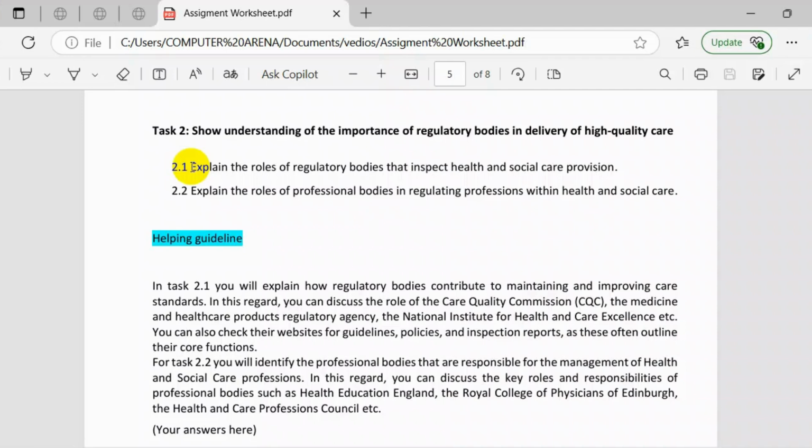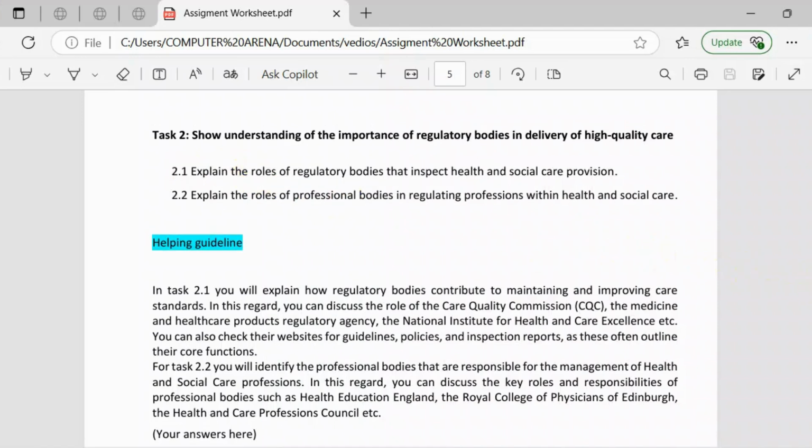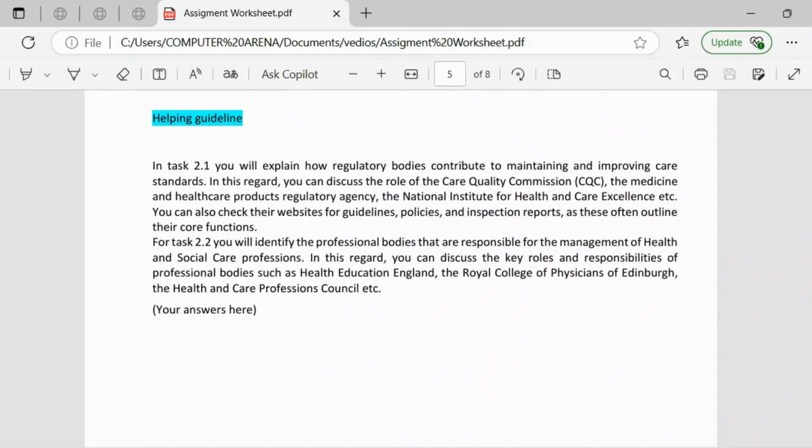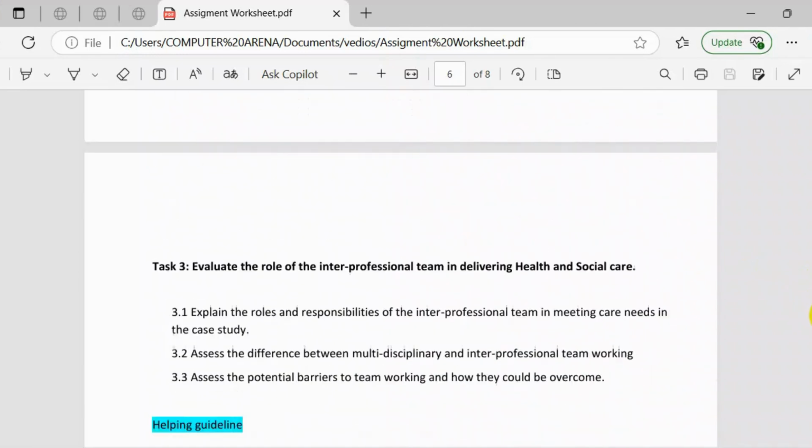Once you have identified them, you have to explain what roles and responsibilities these regulatory and professional bodies hold, how they are providing their services to the general public, and what purpose they are working on. So this is all you have to discuss and explain under these two assessment criteria of the learning outcome 2.